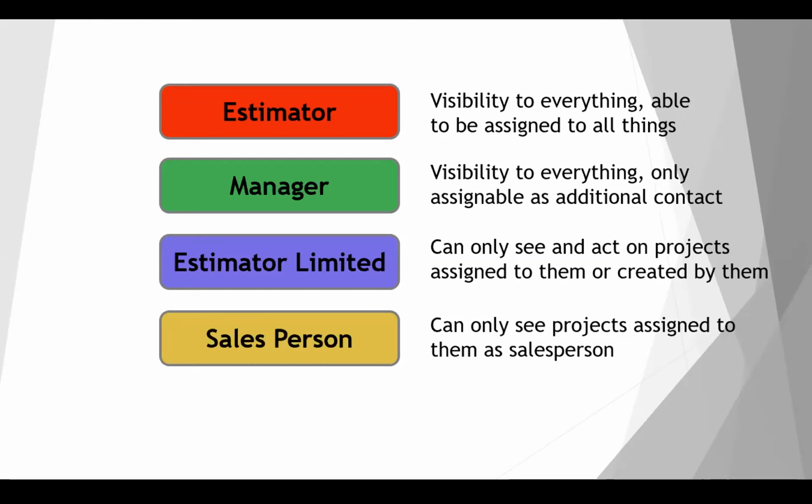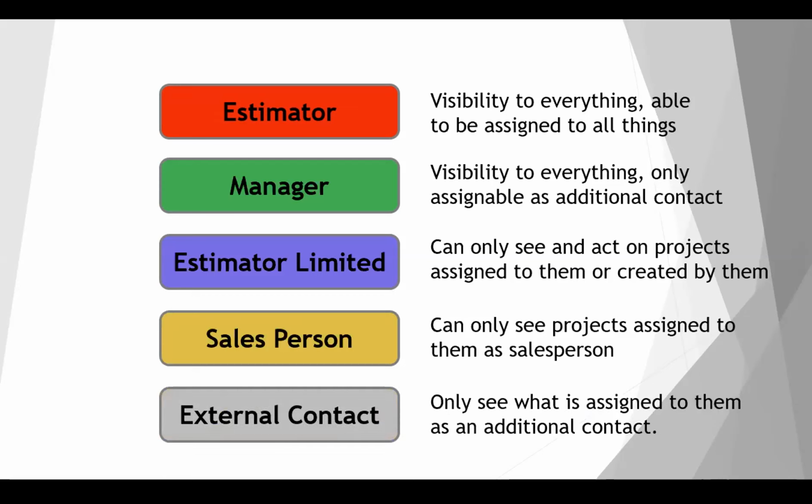As a side note, we will be working on a feature that allows a salesperson to send a job in, basically to request a job. So then that process becomes all inclusive within Hub, where you can request the job and have it delivered back to you all within the same system if you're a salesperson. So salespeople have access to their jobs, but limited capabilities of what they can actually do.